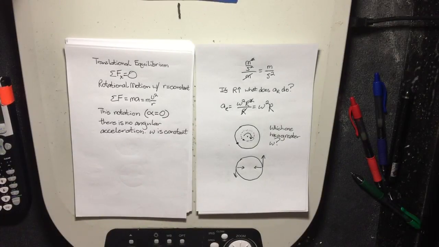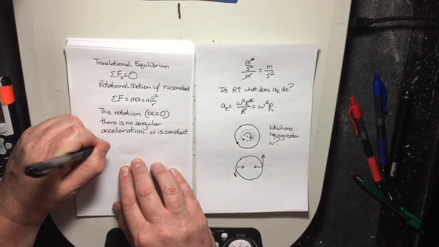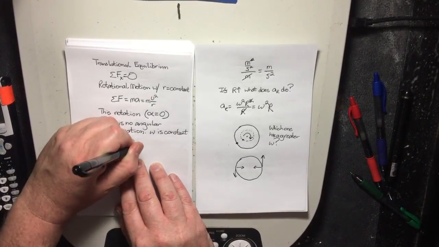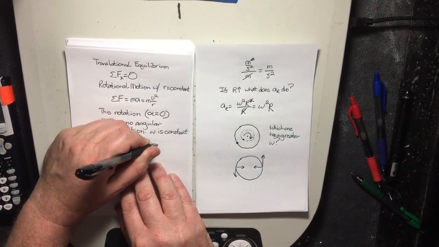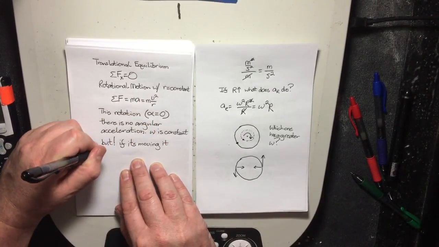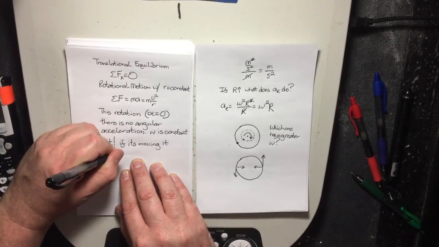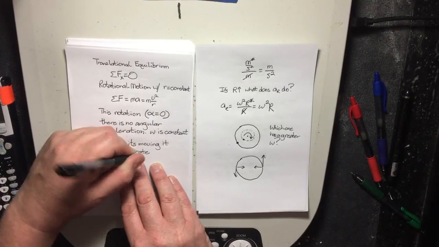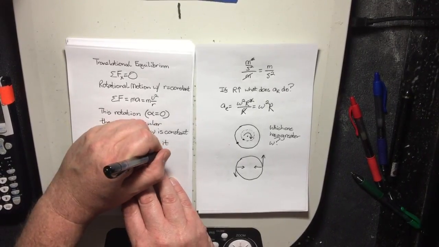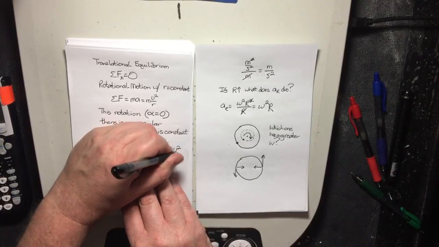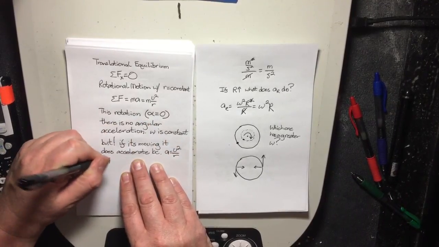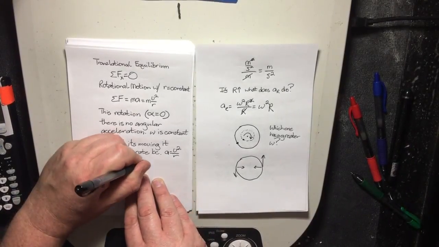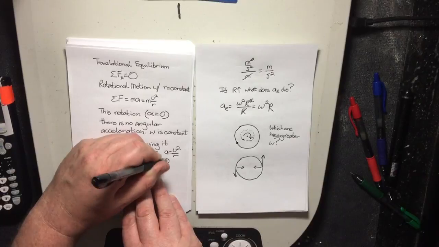And you may say, but if it's moving, it does accelerate, because a is equal to v squared over r, and it's moving, so a must not equal 0.